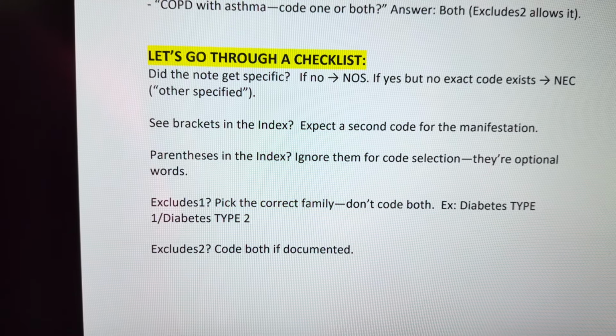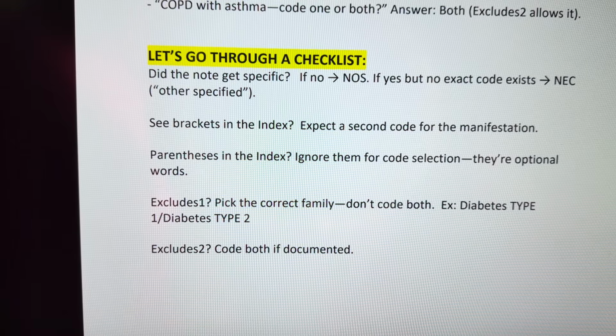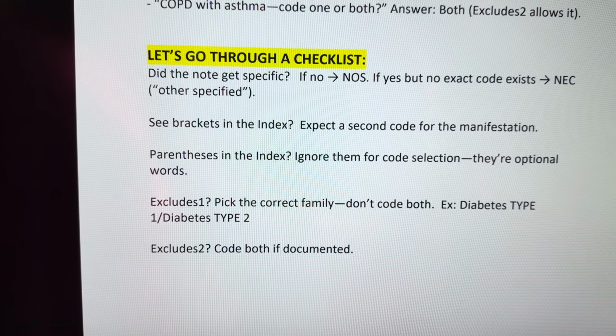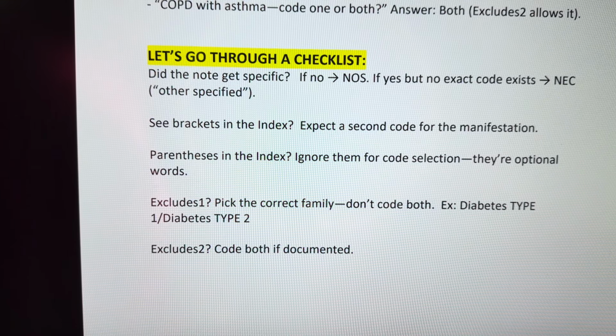The alphabetic index shows G20 with F02.80 in brackets. Which one is coded first? We're going to code the etiology, G20, which is the Parkinson's disease, and F02.80 second, which represents the dementia in this case.